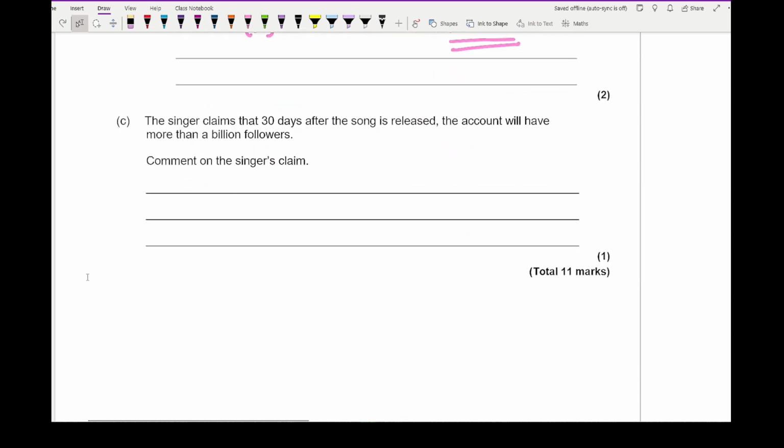Then moving on to our last question, it says that the singer claims that 30 days after a song is released, the account will have more than 1 billion followers. Comment on the singer's claim. Now for this, we only have information on days 2 to 5 after the release.